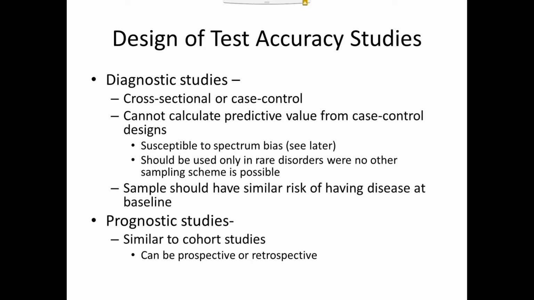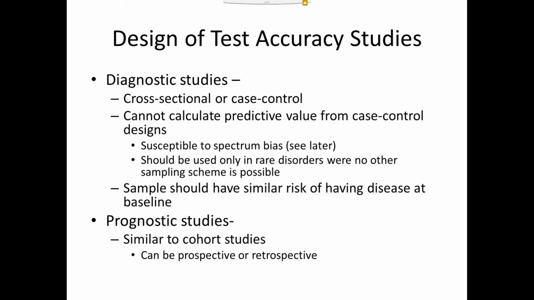The problem with using a case control design is you can't calculate predictive value from case control designs because you don't know the prevalence of the outcome in your cohort very well, and there's a susceptibility to something called spectrum bias, which we'll talk about later.